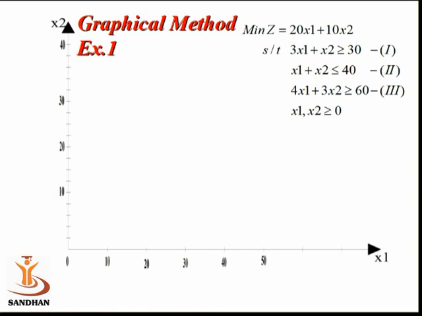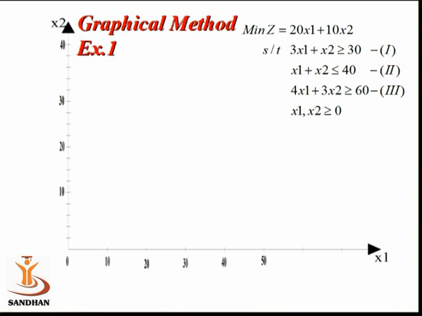The objective function given is minimization type: 20x1 plus 10x2 is the objective function, and the constraint equations are here, 1, 2, 3. You can observe from the slides: 3x1 plus x2 greater or equal to 30, x1 plus x2 less or equal to 40, 4x1 plus 3x2 greater or equal to 60, and the non-negativity condition is there.